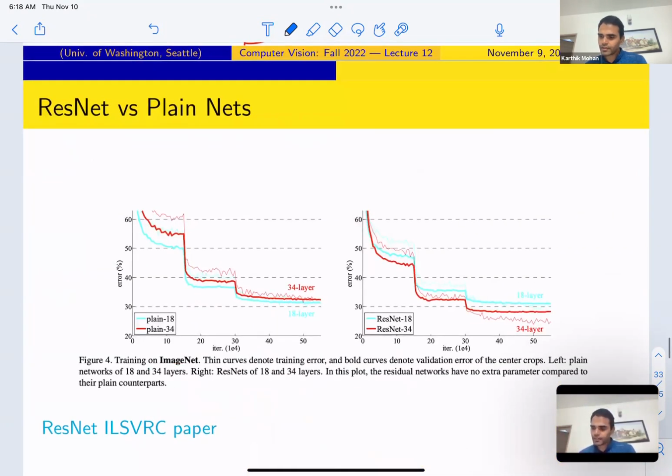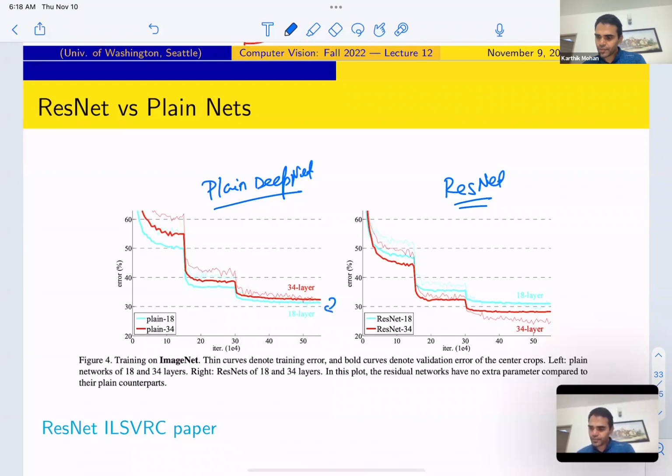Okay, so just as a motivation, this is the plain DeepNet on the left, and this is the ResNet. So you see the thick line, which is the validation error for the DeepNet, a 34-layer model, is worse off than the 18-layer.